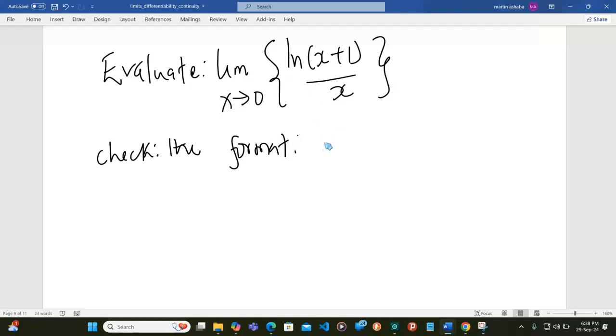If I put in x is equal to 0, I will have ln of 1, and natural logarithm of 1 is equal to 0, but also x is equal to 0.